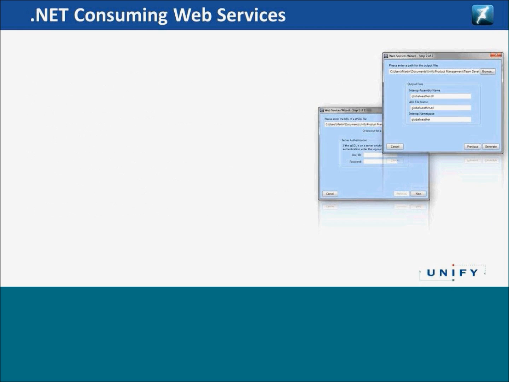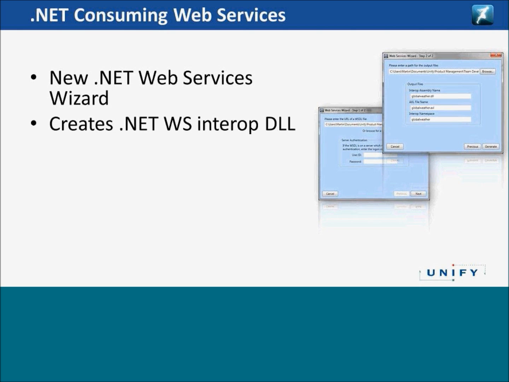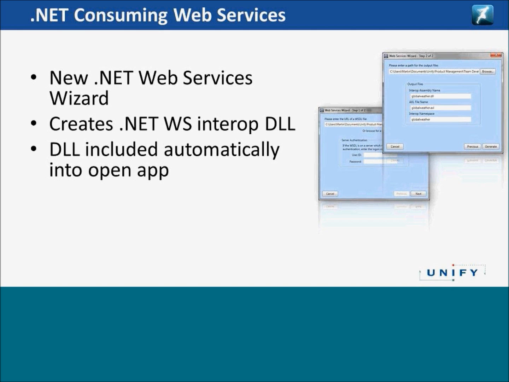So, .NET consuming web services. What we have is a new .NET Web Services wizard. It creates a new .NET Web Service interop DLL, and this DLL is automatically included into the open application. So basically what you see on the right is the Web Services wizard.